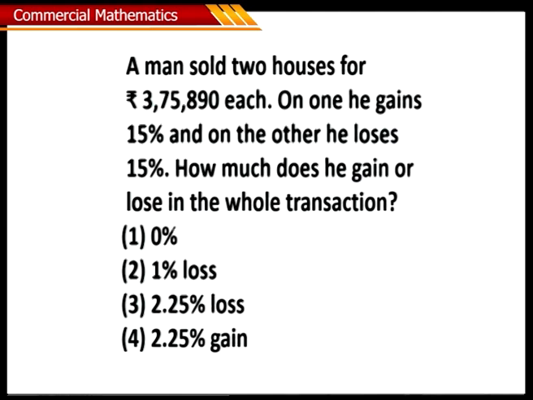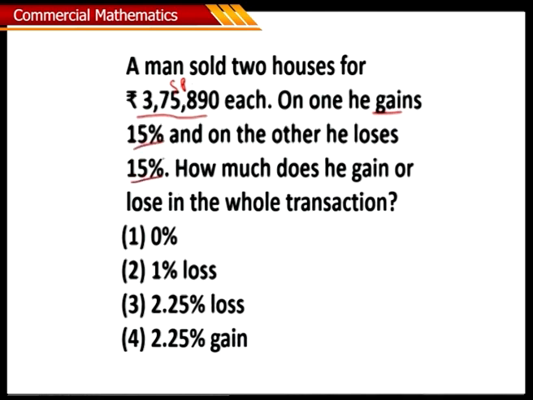Here the first point is, when we are going for such type of problems, there is some simple method. This is selling price. Now irrespective of the selling price, here you observe he gains 15% and loses 15%.